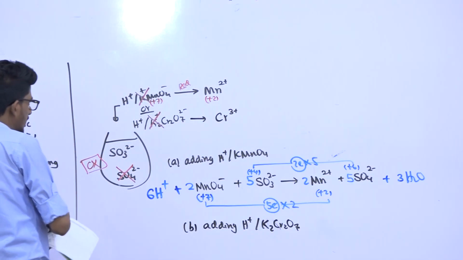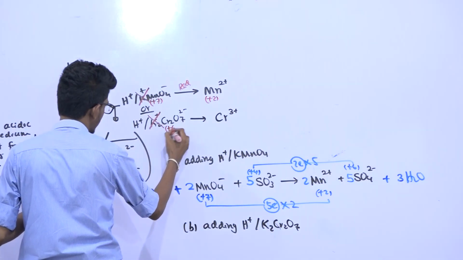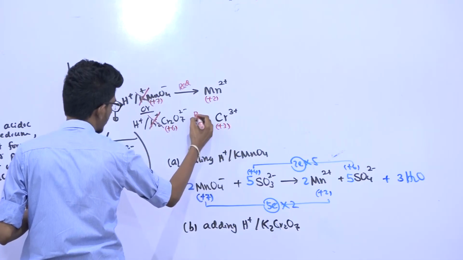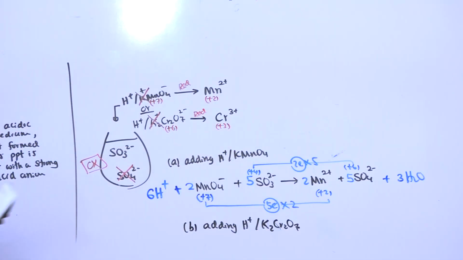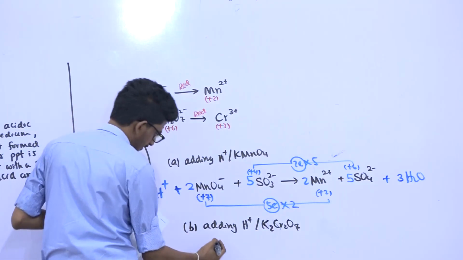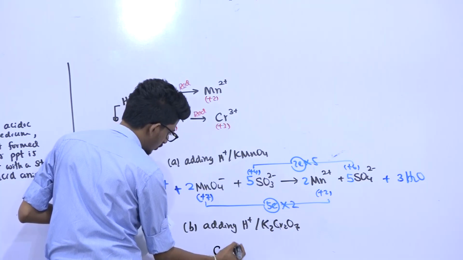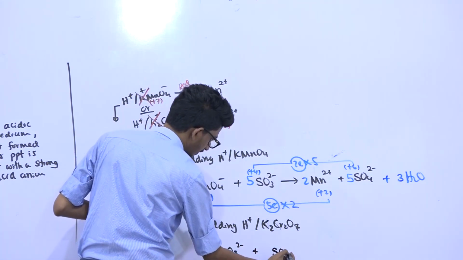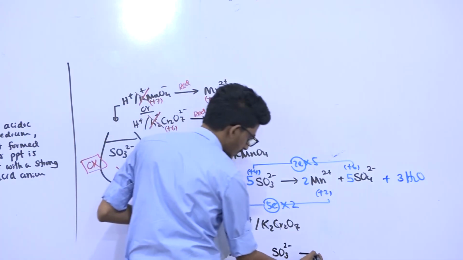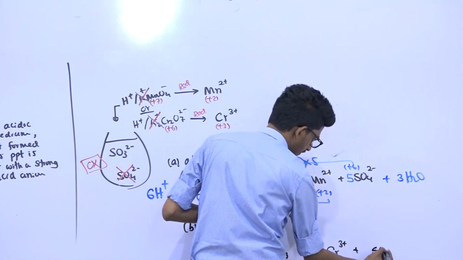The oxidation state here for 1 chromium is plus 6, going to plus 3 is a reduction. So we are expecting only oxidation at the sulfite. That sulfate can't get involved with that, right? It is at the highest oxidation state, right? So Cr2O7 2 minus reacts with sulfite again to form Cr3 plus and SO4 2 minus.